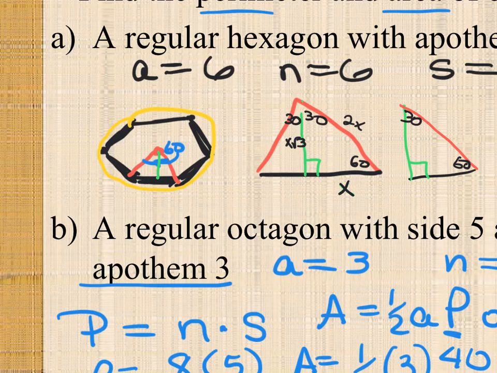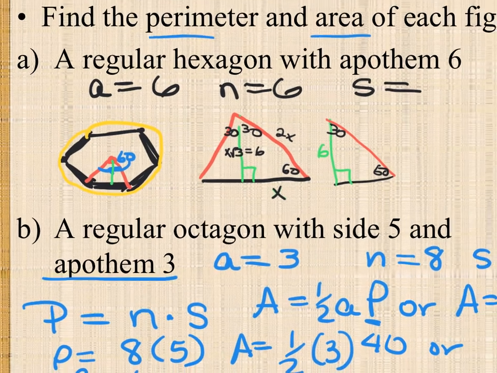My apothem is 6. Notice this 6 is the x root 3. I need to solve for x. So I'm going to solve x square root 3 equals 6. I'm going to divide by the square root of 3.